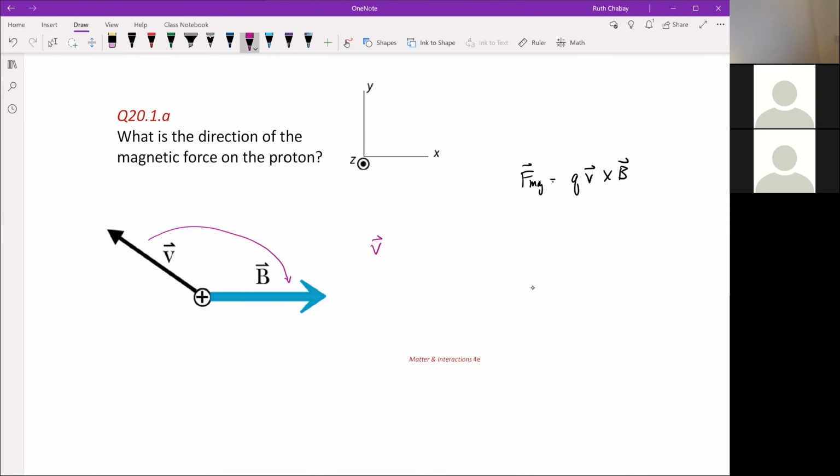So V cross B is into the page. And we have to take into account the sign of the charge. Since this is a proton, it's positive. So Q V cross B is also into the page. So the direction of the magnetic force is going to be in the minus Z direction. Questions about that?